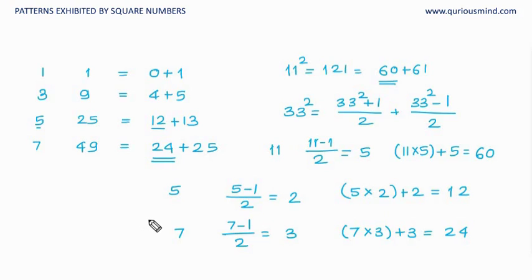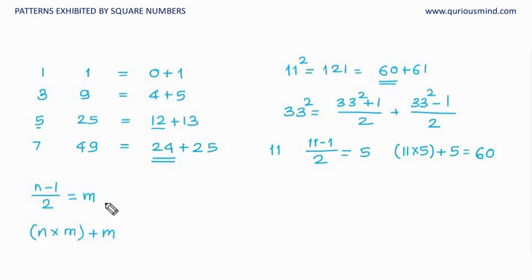So we can find this as a rule. Whatever the number n is, what we do first is n minus 1 upon 2. And let's say we get m. And then the first number would be n into m plus m. Do you get it? So my m is n minus 1 upon 2. So let's say I want 33. Okay, let me rub something first here. So what is m?